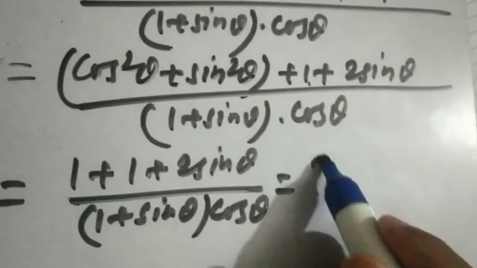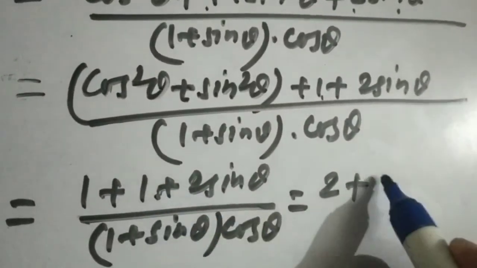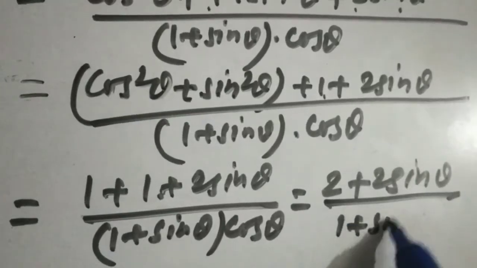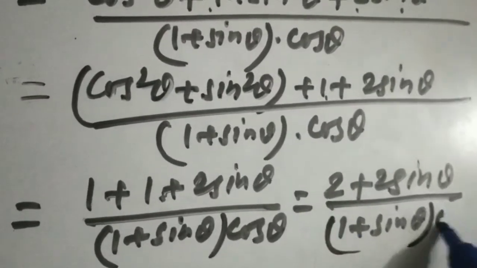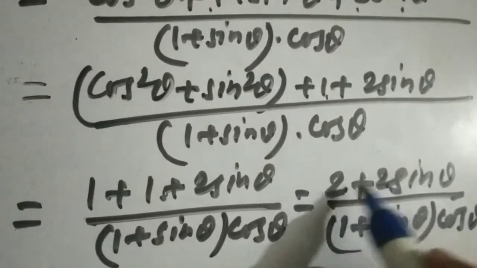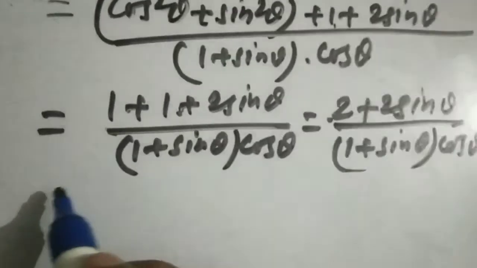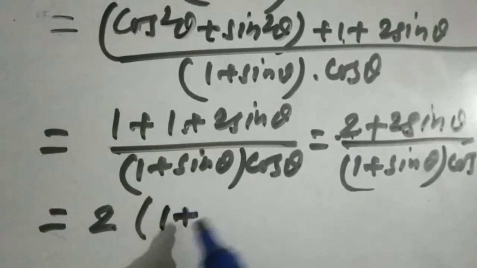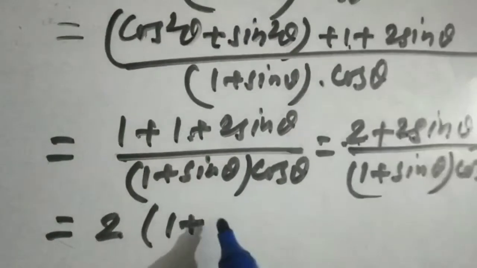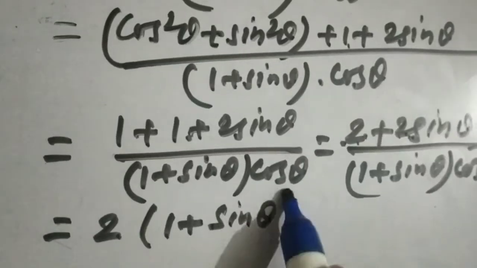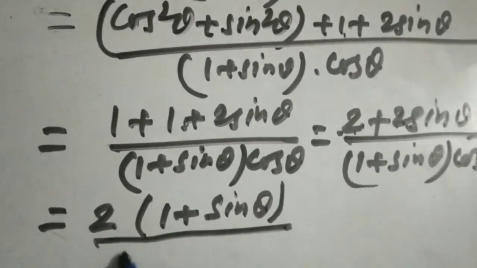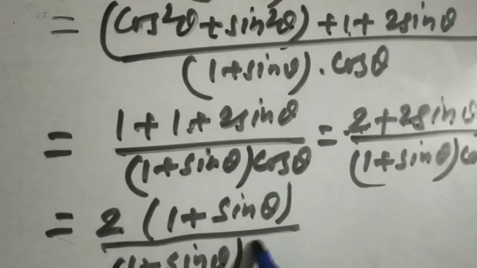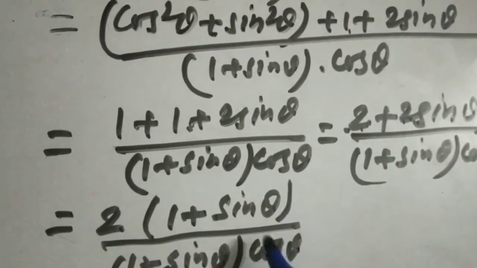Then it will be equal to 1 plus 1, that is 2, plus 2 sine theta upon 1 plus sine theta into cos theta. Now 2 is common in both the terms, so take 2 as common, then here 1 will be left and here sine theta will be left, upon 1 plus sine theta into cos theta in the denominator.